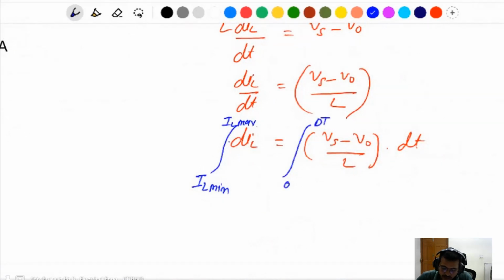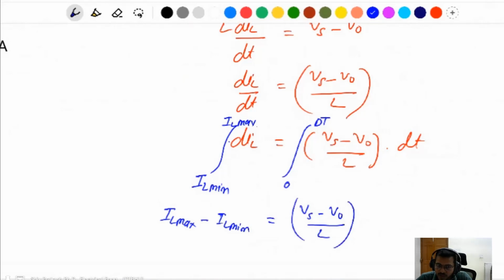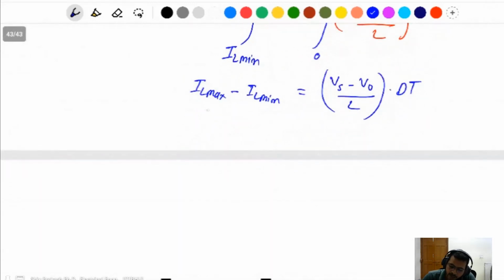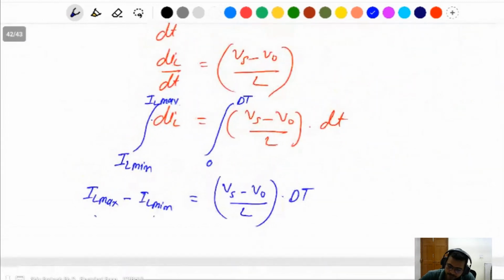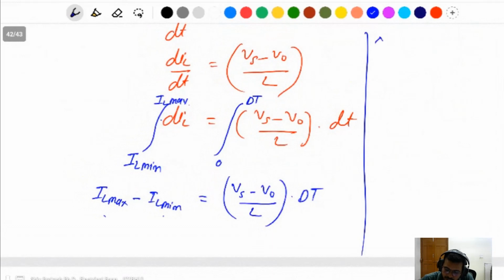This will be the integral of dIL, giving IL maximum minus IL minimum, equal to, since Vs, V naught and L are all constants, Vs minus V naught divided by L, times the integral of dt, which is D T. IL maximum minus IL minimum is the delta IL, the ripple current.